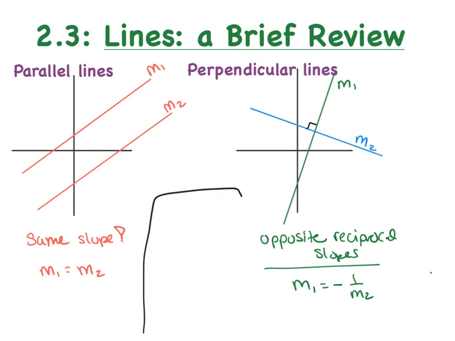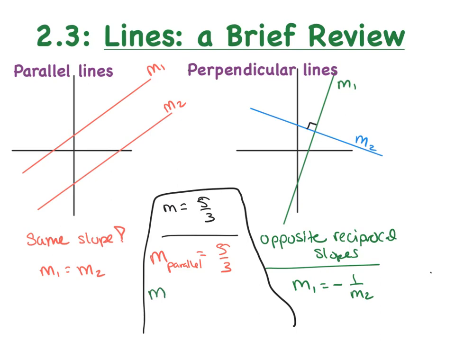As a quick example, say you had a slope equal to 5/3. Then a line that is parallel to that would have the slope 5/3.